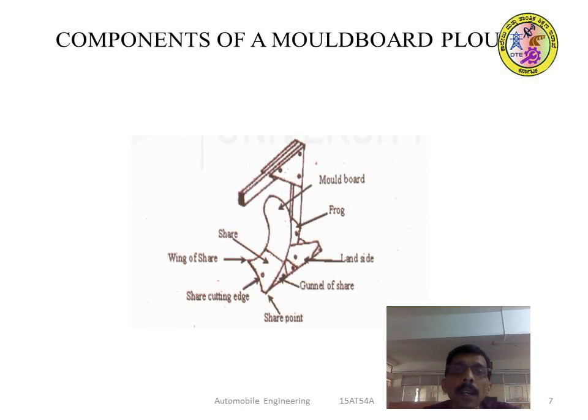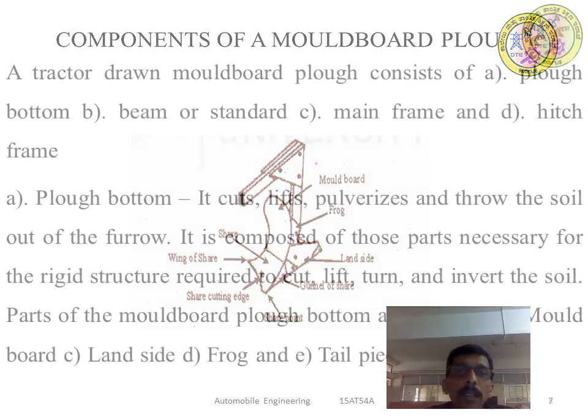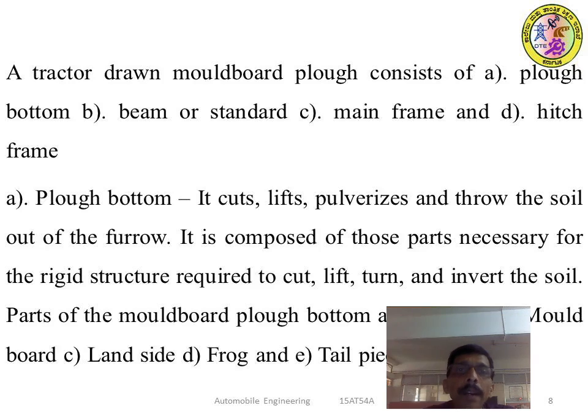So this is the moldboard plow, showing the different components of the moldboard. A tractor drawn moldboard plow consists of a plow bottom, share, beam or standard, and hitch frame.